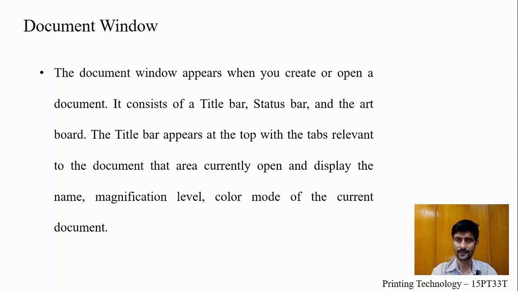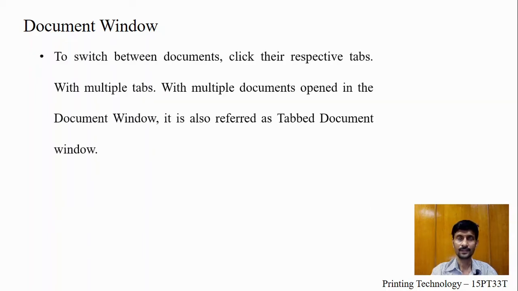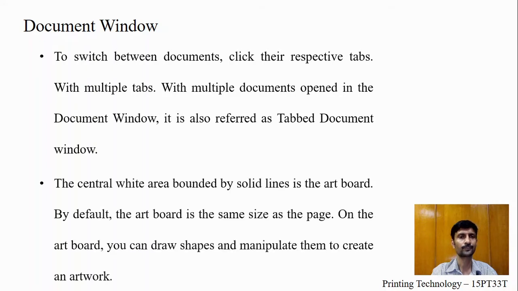The title bar appears at the top with tabs for the documents that are currently open, and displays the name, magnification level and color mode of the current document. Switching between documents is also available, along with multiple tabs for multiple documents.